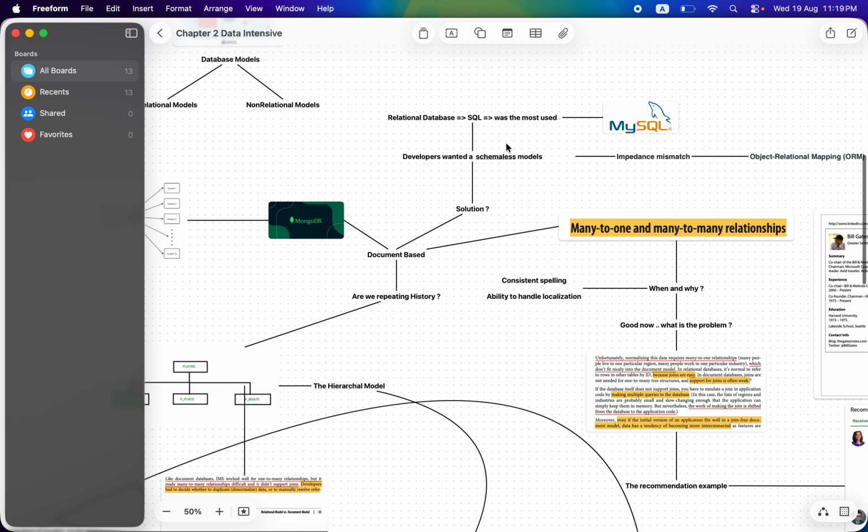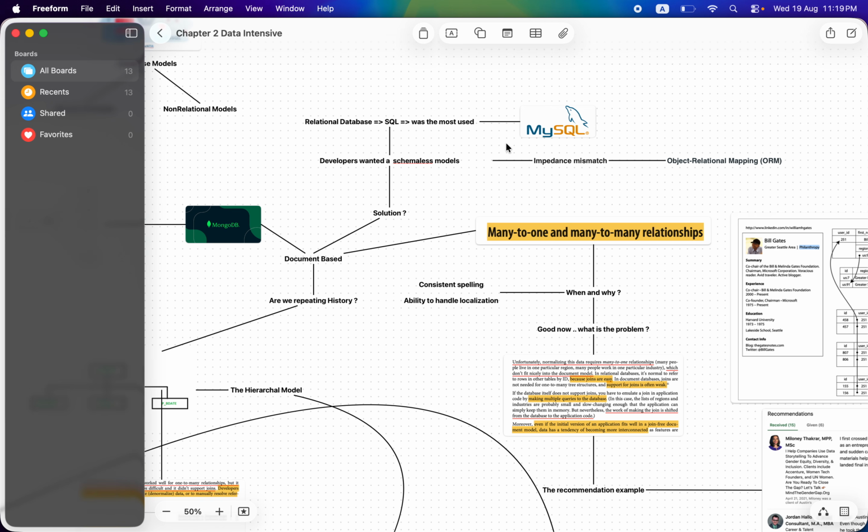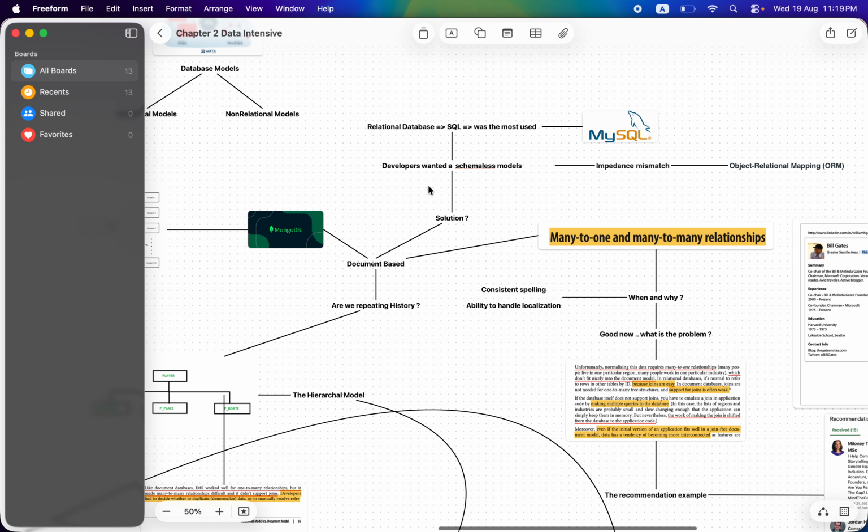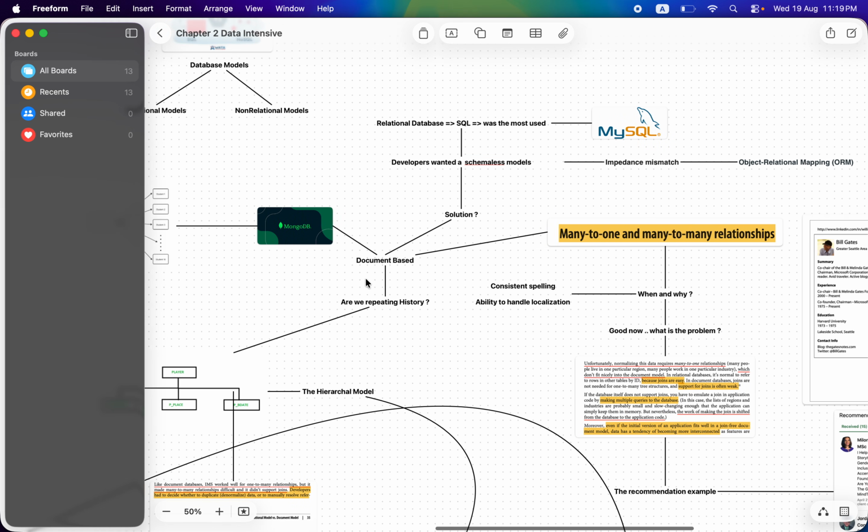Then we were so angry about how strict it was about its schema, and the headache of handling the mapping between the query languages and our OOP languages. So we went to the document based, which is fine, and it's schemaless, and we can just put everything we want in our JSON files and it would be just fine.